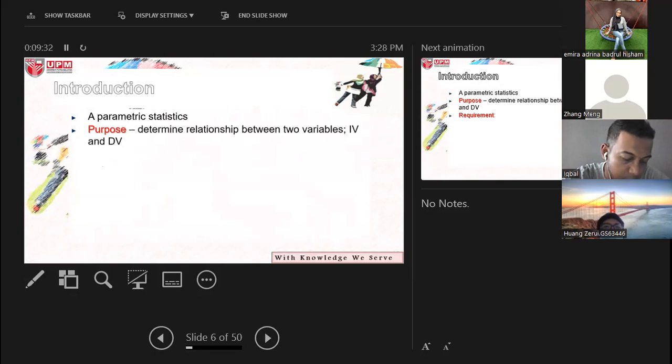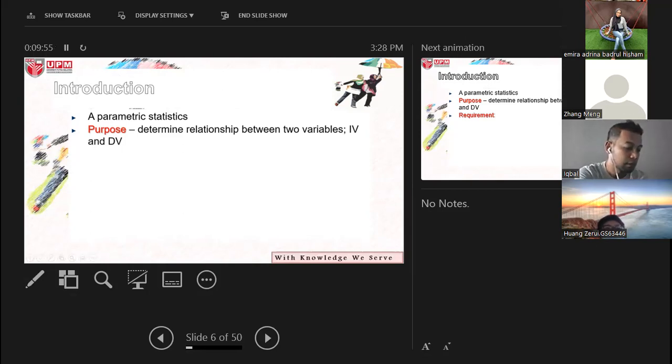Okay, so the Pearson product moment correlation is a parametric statistic. What is a parametric statistic? It is not Paralympic, it is parametric. It requires the data to be normally distributed.